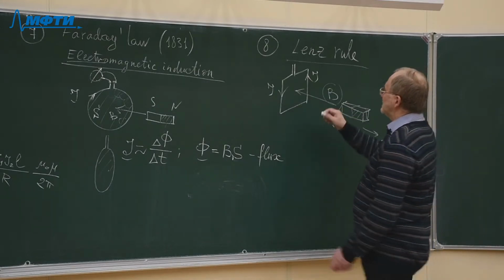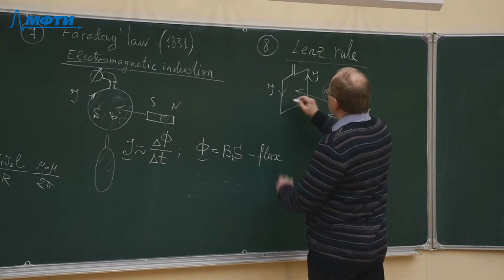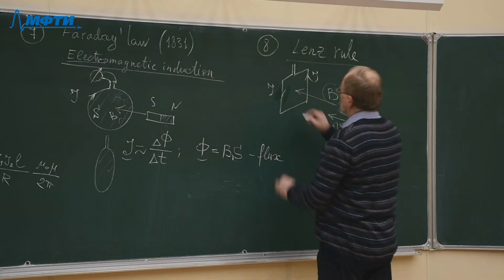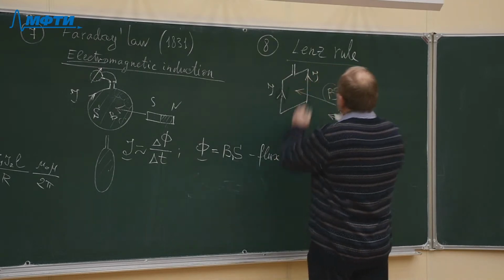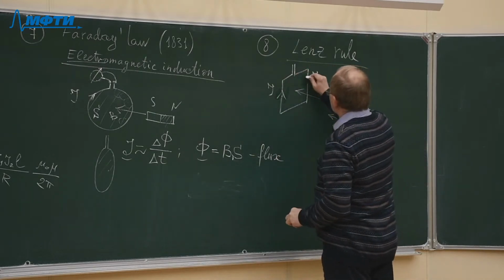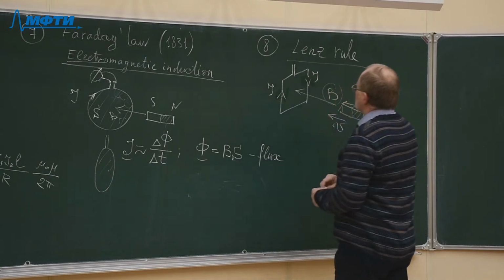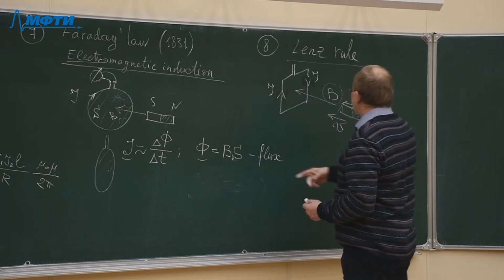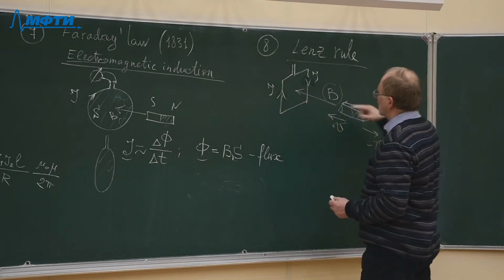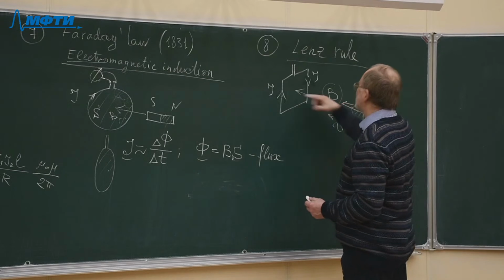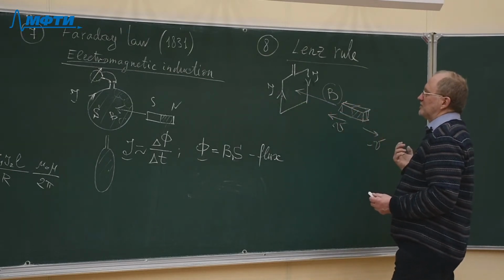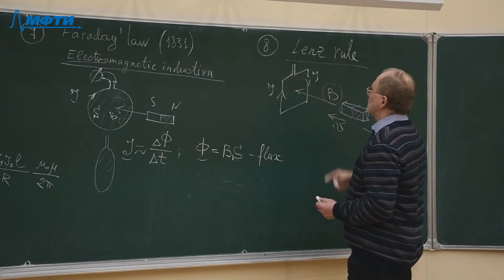It will decrease, and the electric current will have opposite direction, so that the magnetic field of this loop will have the same direction as the external magnetic field in order to increase the magnetic field.